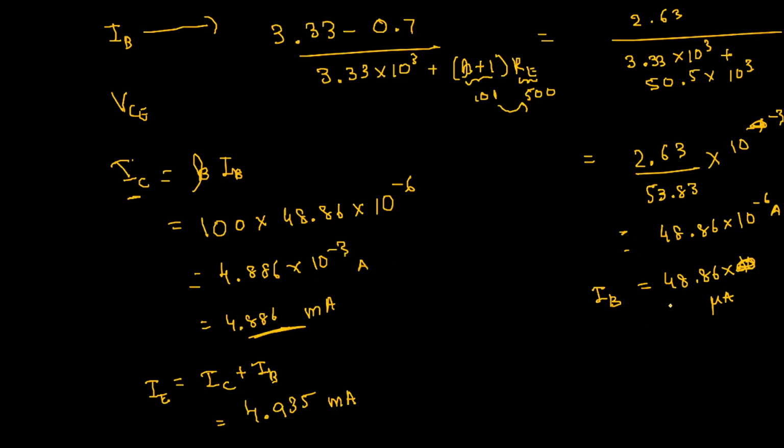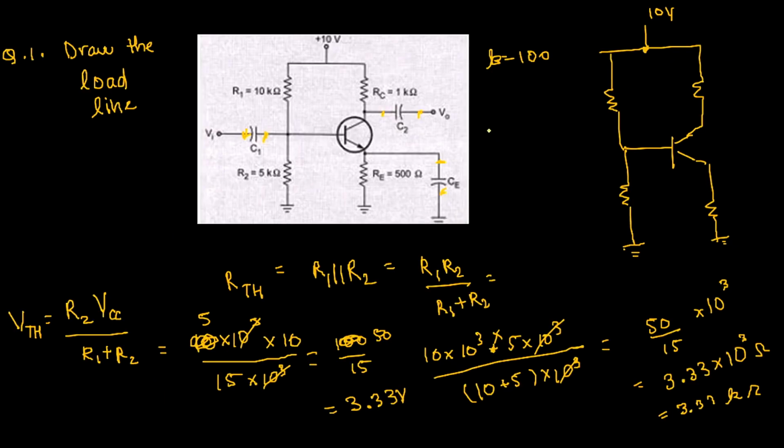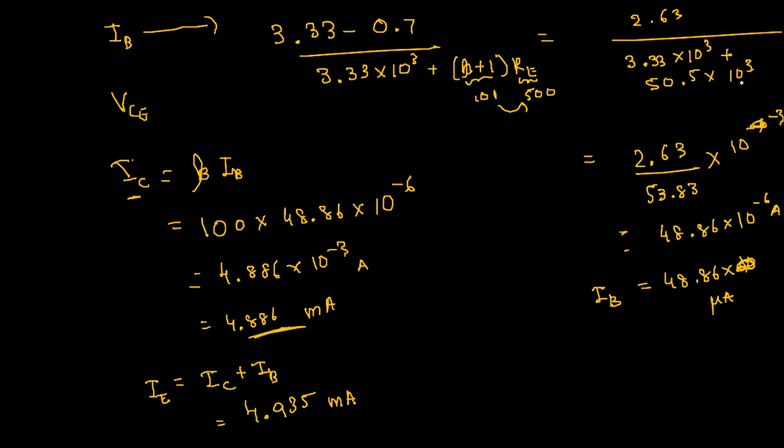Now I have to apply KVL on the outer loop to find the value of VCE. VCE is given by VCC minus ICRC minus IE into RE.